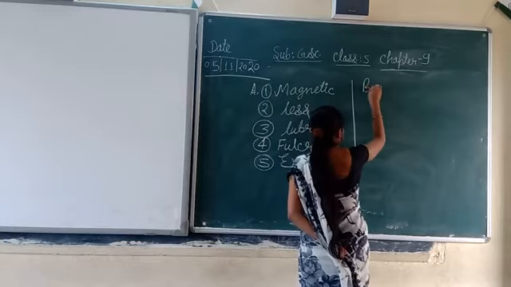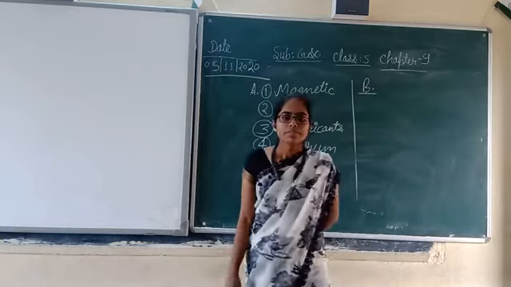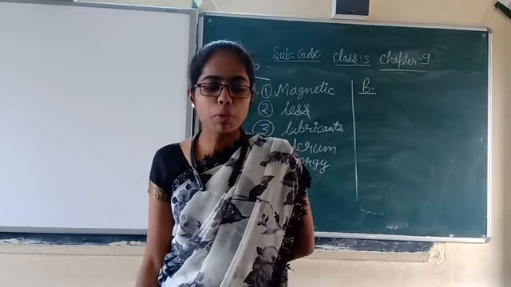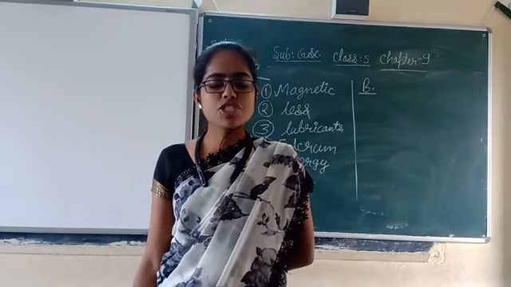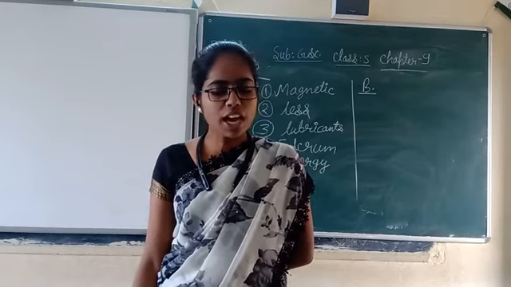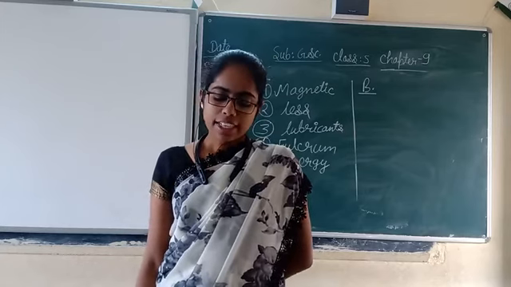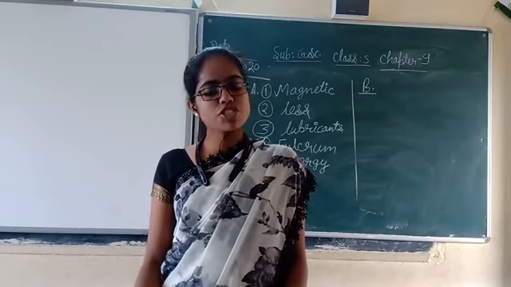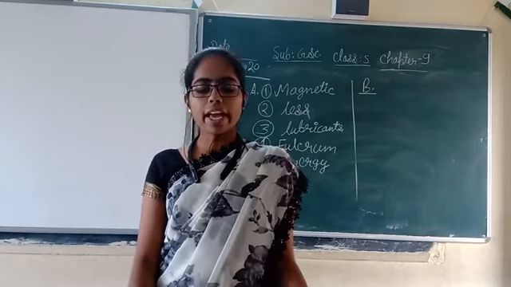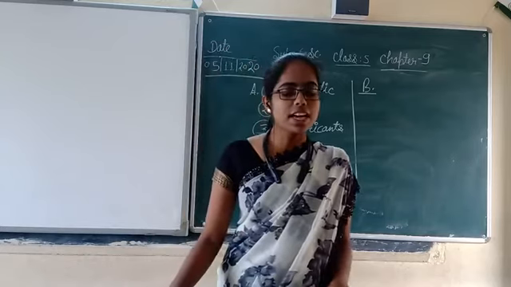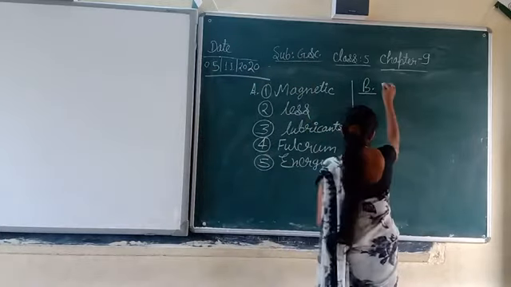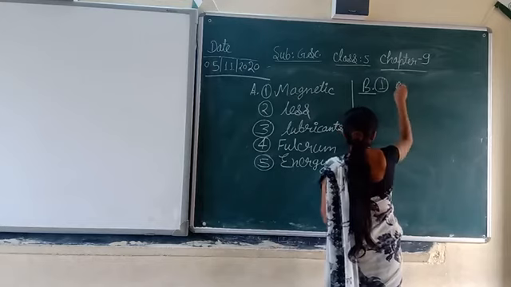Fill in the blanks. The force exerted by a charged body on another charged or uncharged body is known as dash force. The force exerted by a charged body on another charged or uncharged body is known as electrostatic force.